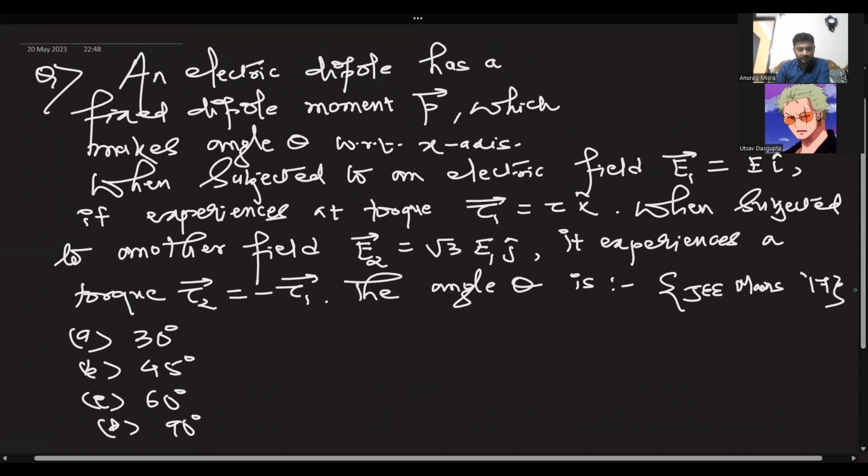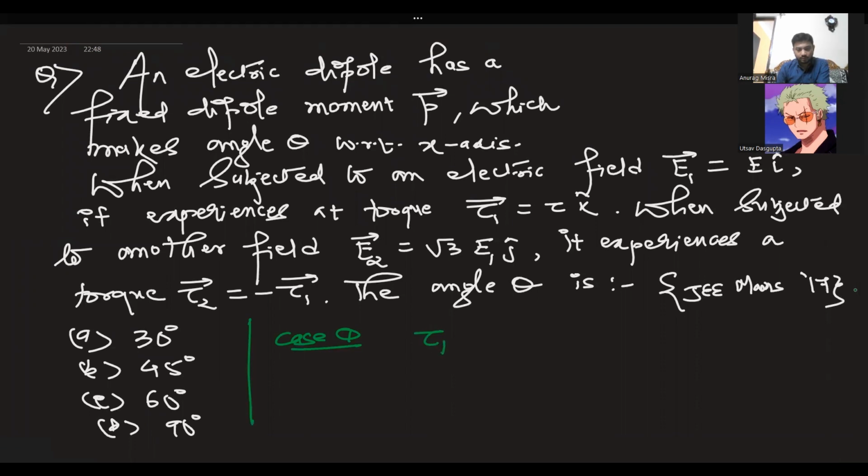We can simply say that case 1, the value of the torque tau 1, it is given dipole moment makes angle theta with respect to x-axis. Tau 1 কত হয়ে যাবে? Tau 1 will be P E sine of theta. Is that clear? Yes, sir.